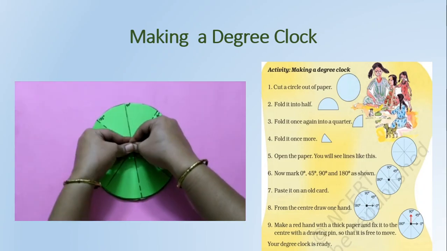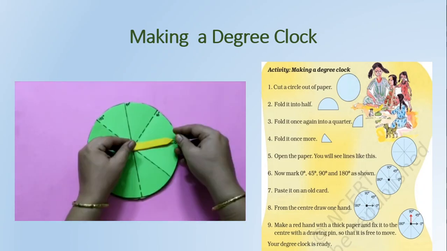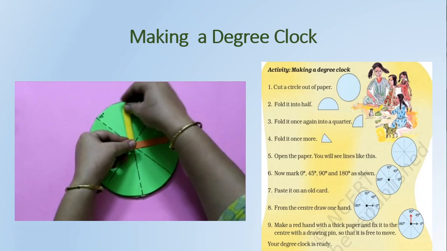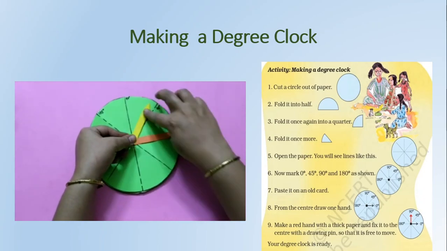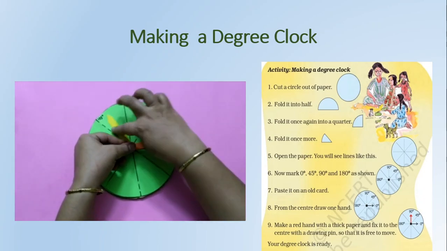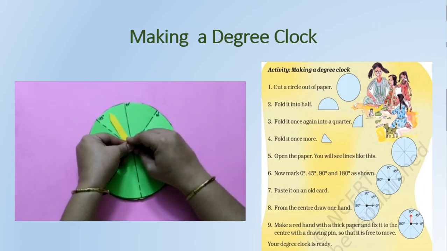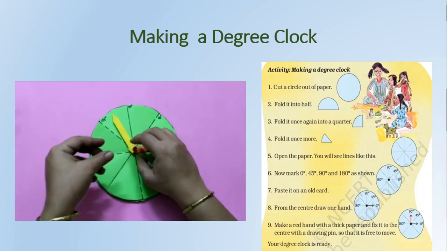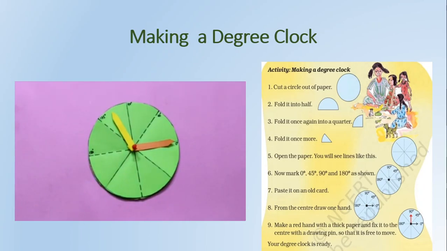Pin it hard, but make sure that the second hand is free to move. As you can see, your degree clock is ready, which you can use to measure angles in your surroundings.